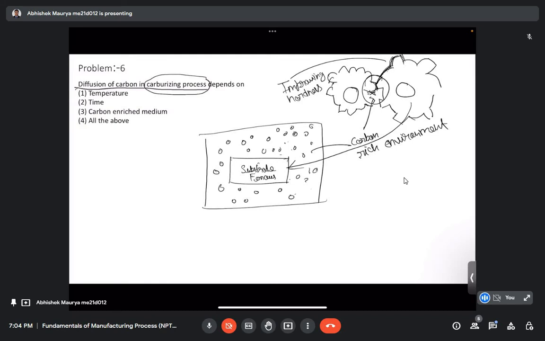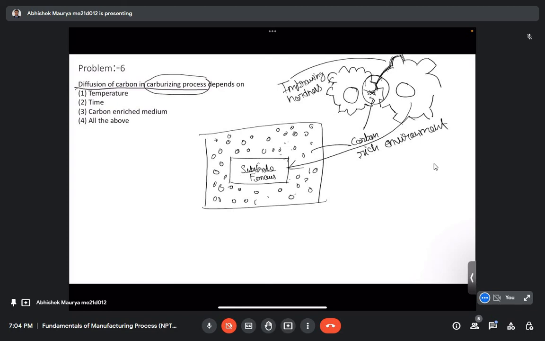They can be either in gaseous form, or solid form, or liquid form. But the surrounding, this substrate material, is surrounded by the carbon rich materials.